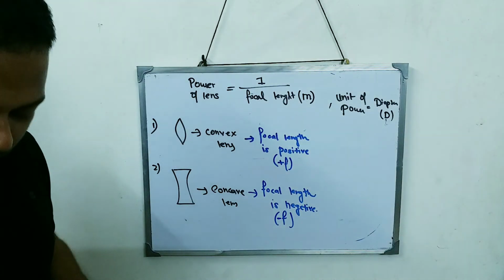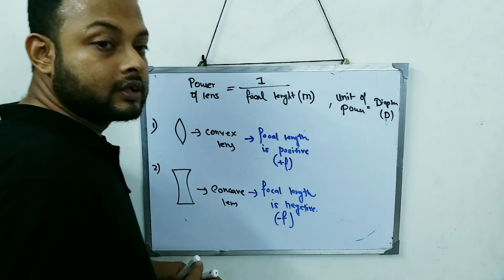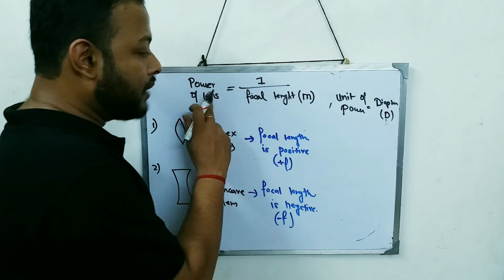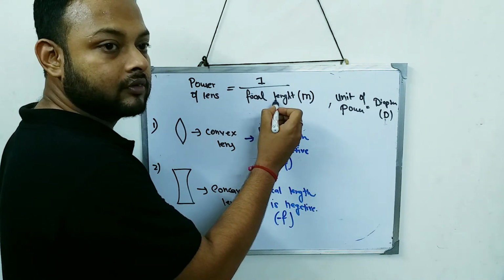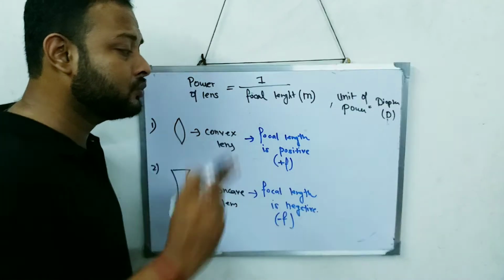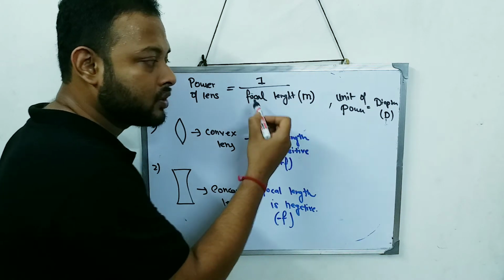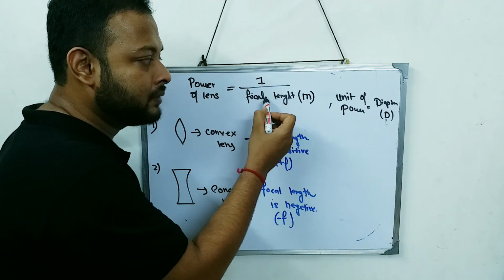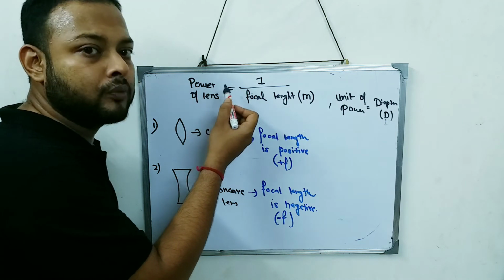Now, you know power is equal to 1 by focal length. If my focal length is positive, then correspondingly my power will also become positive. If this value is plus 5, then 1 by plus 5 gives 0.2, so the power is also positive, plus 0.2.